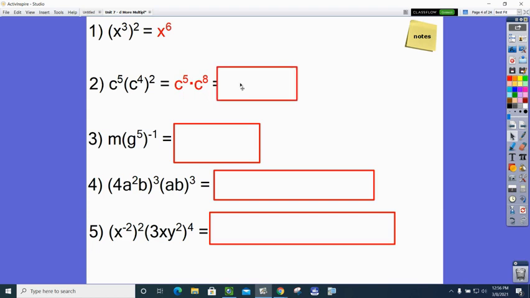And when I have c to the 5th times c to the 8th, I'm now back on our last rule that when we multiply common bases, we write the base and add the exponents. So that would be our final answer. And you're going to say, well, of course, I've got that. Here's the problem. When we were doing this rule by itself, you got in your head that you need to add these.